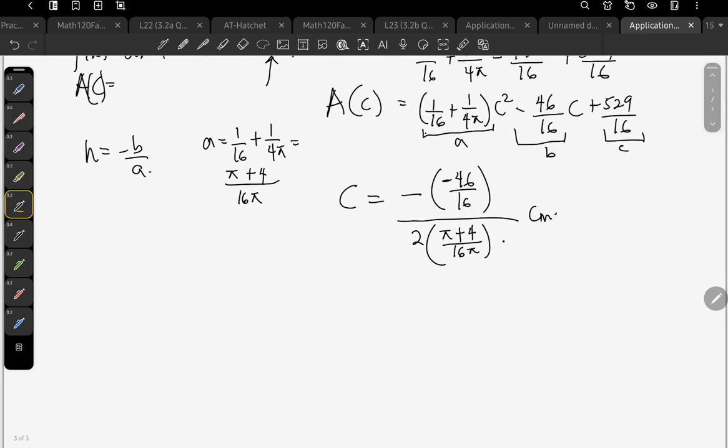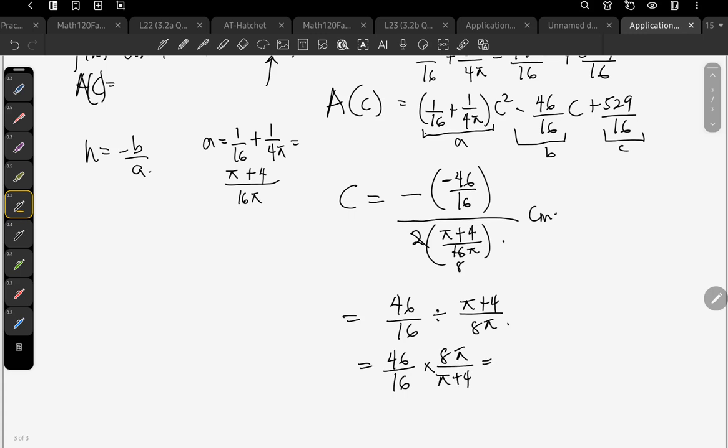But if you like, you can simplify this further. The 2 here gives 8 pi, so this is 46 over 16 divided by (pi plus 4) over 8 pi, which is the same thing as 46 over 16 times 8 pi over pi plus 4.